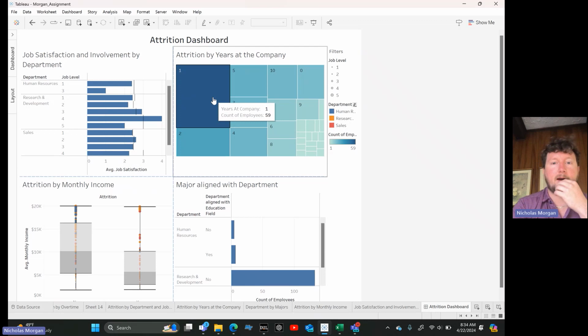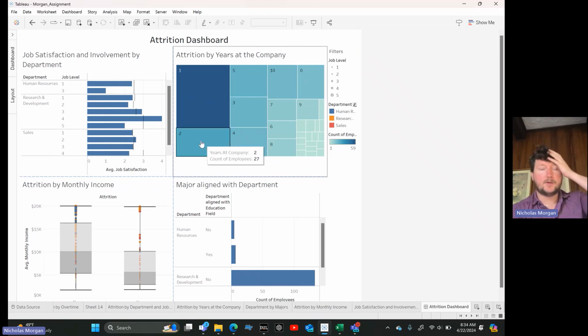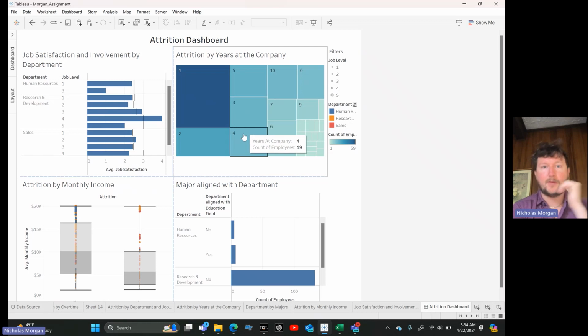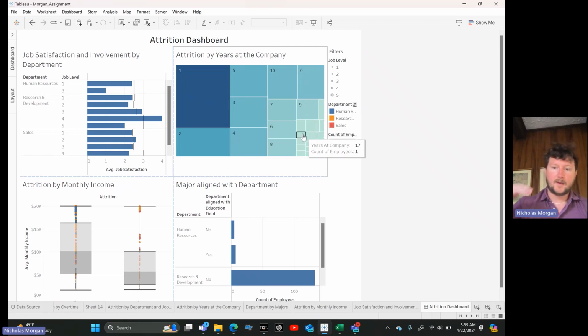But I want to point out that the subsequent years after it, 2, 3, and 4, are very close in equal size. 2 is obviously a little bigger. 3, 4, and 5 are all pretty much the same size. And then it goes down in a trend that you would think would be regular at the company, where it just slowly slopes down, very linear.